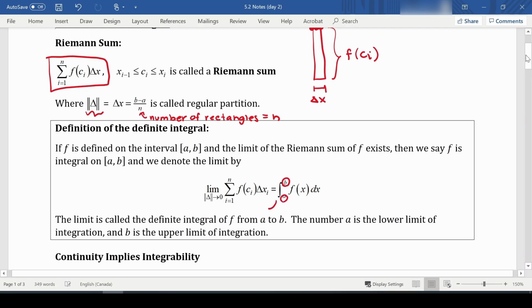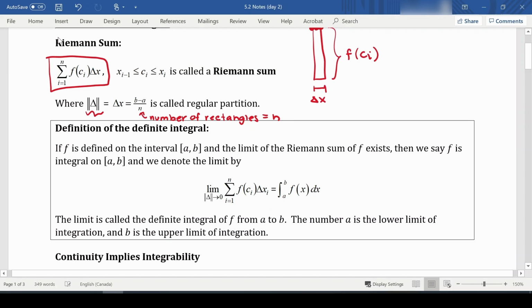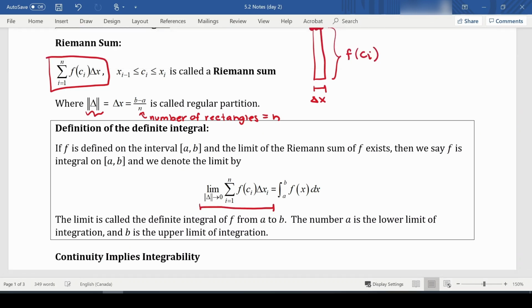This funny looking S thing is the sign for integration. And we say that a function f is defined on an interval a to b, and if the limit of the Riemann sum exists, meaning we can actually find this limit here, then f is integrable on a to b, and we denote the limit by this.